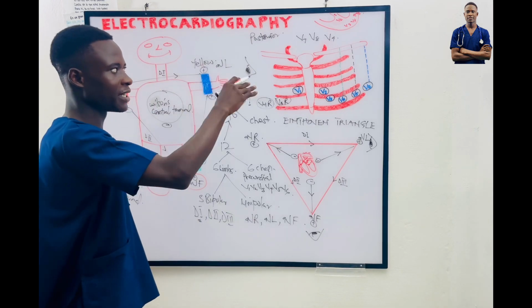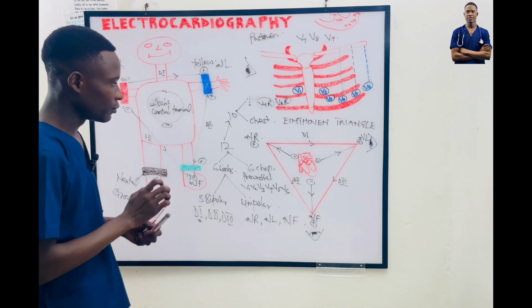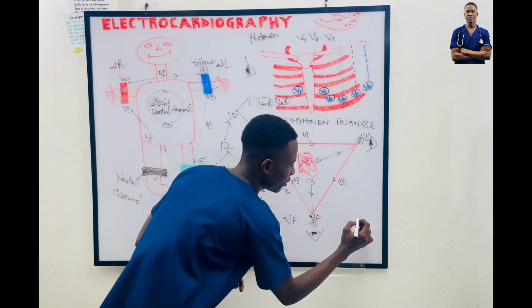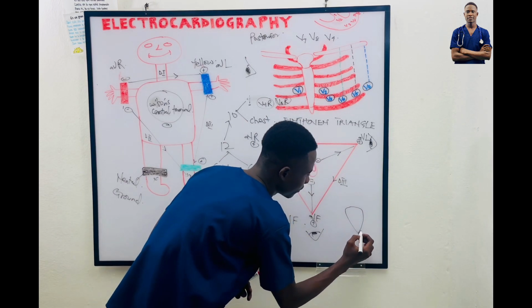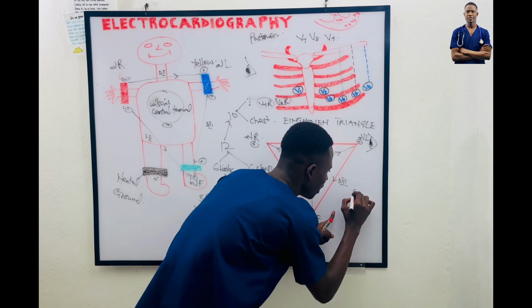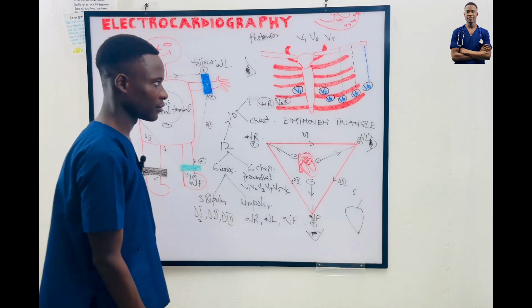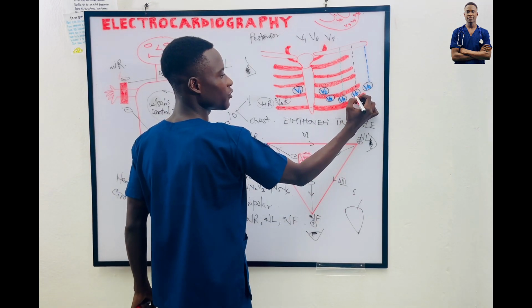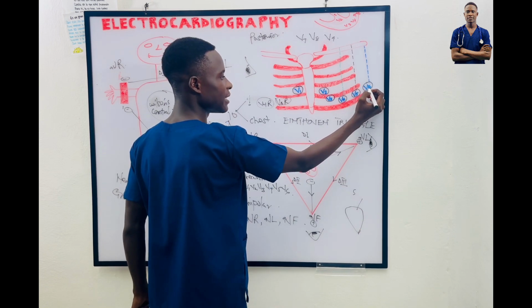How do we place these electrodes? Let me say this is our scapula. You understand? Okay. So here we have the V5 at our anterior axillary line. The V6 is our middle axillary line.